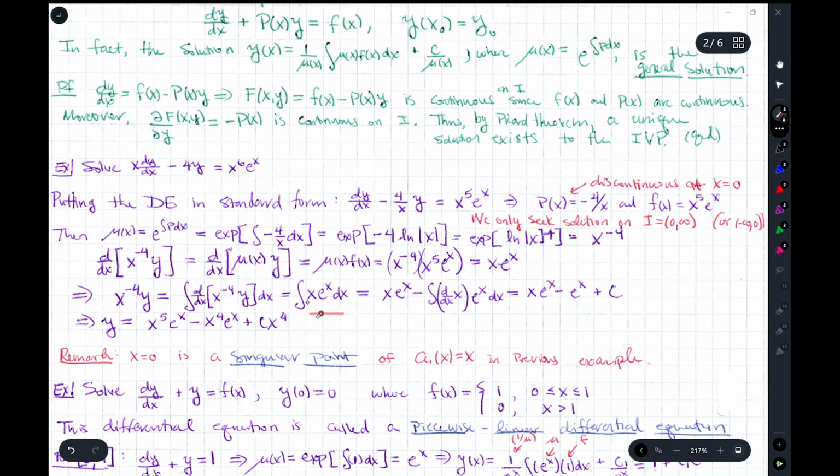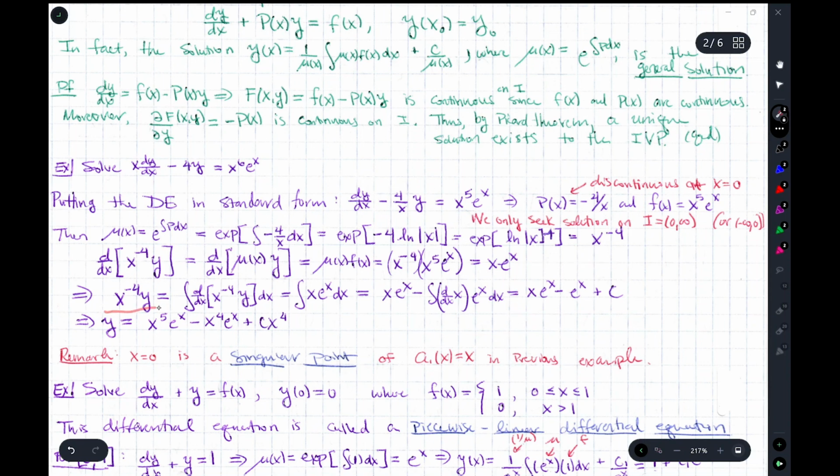We use integration by parts, and doing this really quickly, you see that e to the x is also the derivative of e to the x. So you could take the derivative from e to the x and transfer it to the other side at the cost of a boundary term. I do have a video on integration by parts that you could review, and we end up with that expression there.